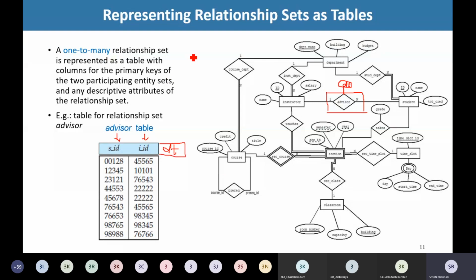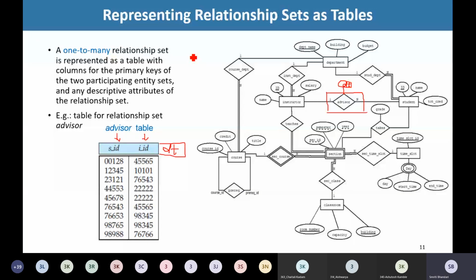So for any relationship set, to convert a relationship set into a tabular form, I will have the primary keys of the participating entity sets, and also the descriptive attributes of the relationship set, if any.